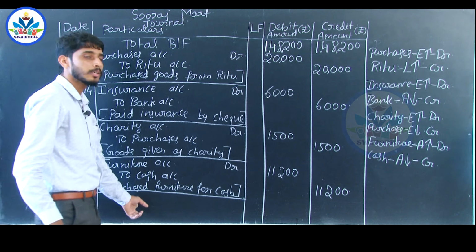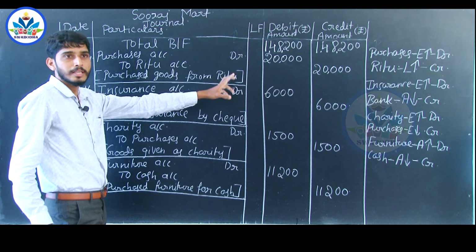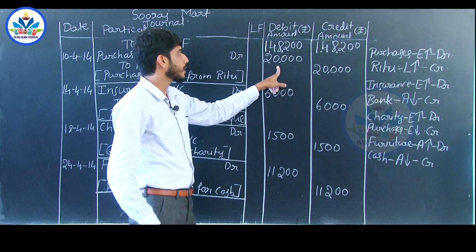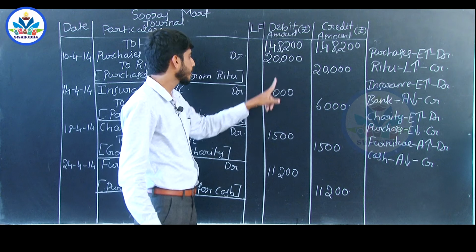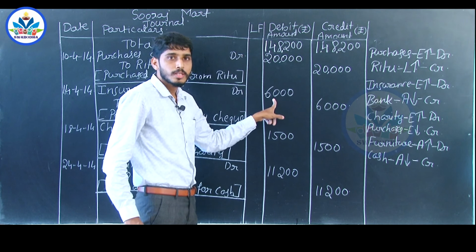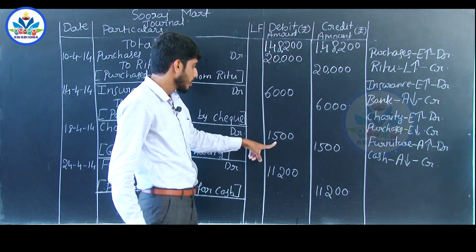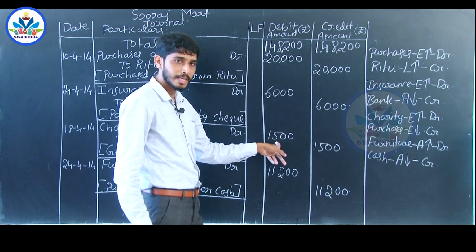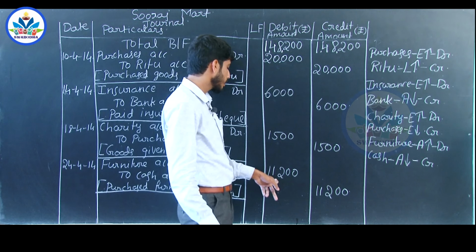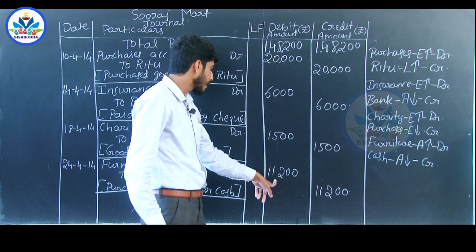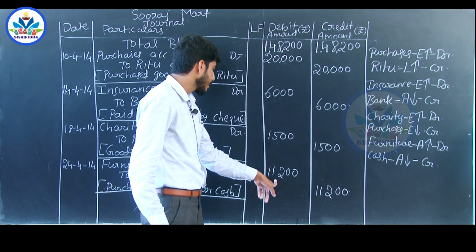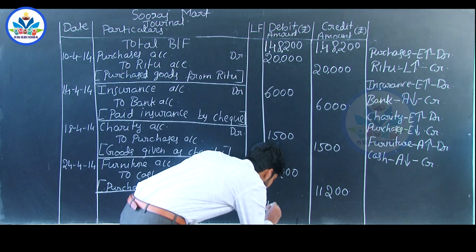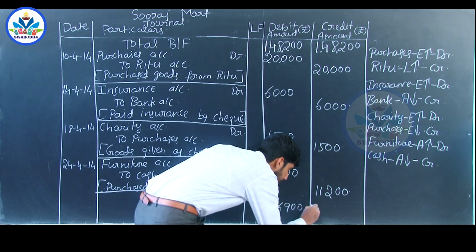You have to total the balance and carry forward to the next page. So, 1,48,200 plus 20, 1,68,200 plus 6,000, 1,74,200 plus 1,500, 1,75,700 plus 11,200, 1,86,900.